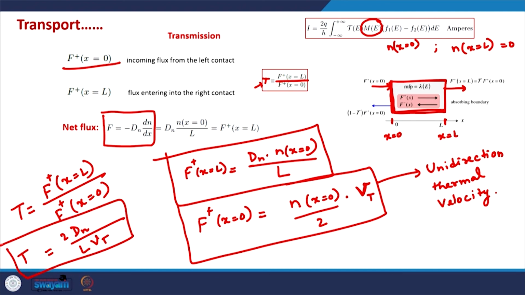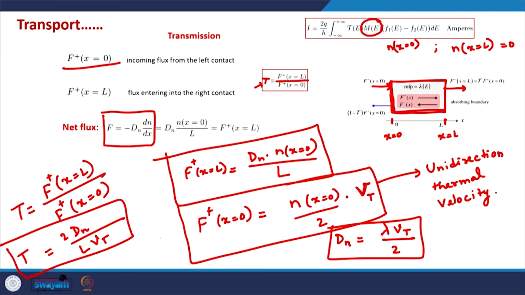If you remember, the diffusion constant D_N is generally lambda V_T by 2, and this comes from scattering theory, which we have not covered in this course, and possibly we won't be able to. But let's take it as it is.